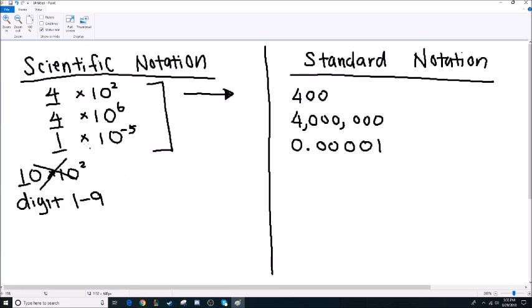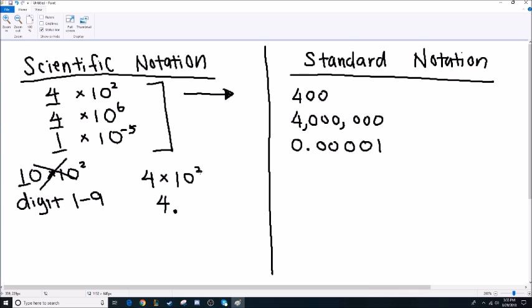So with our first example, 4 times 10 to the second power, I have my 4. Since my 4 is in the ones place, that means my decimal must be right after the 4. And with this decimal, I know I'm going to multiply it by 10 to the second power.